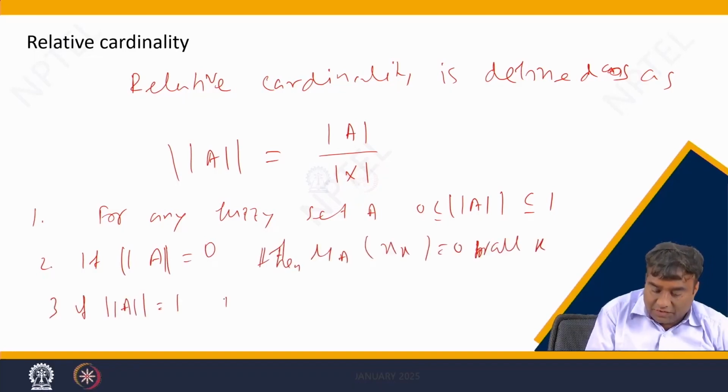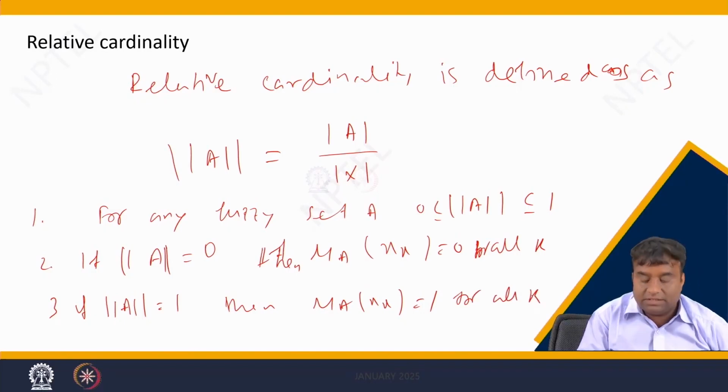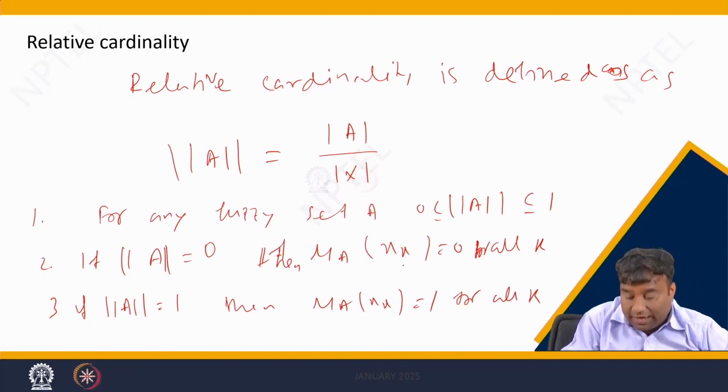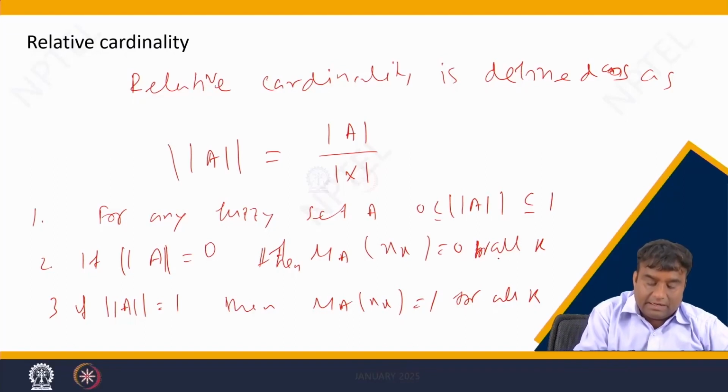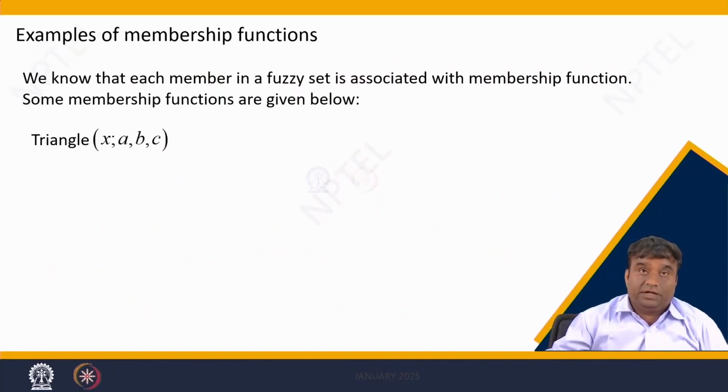If mu A xk equals 0 for all k, then the cardinality is 0. If mu A xk equals 1 for all k, then it will be 1. So that is known as the relative cardinality and some of its properties.